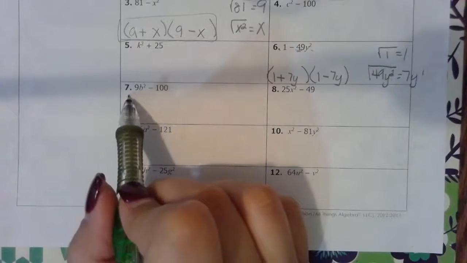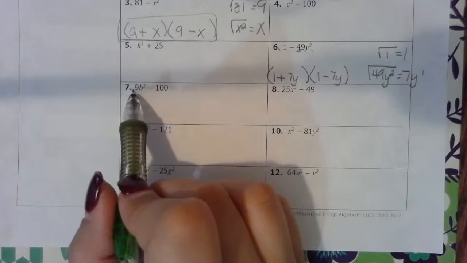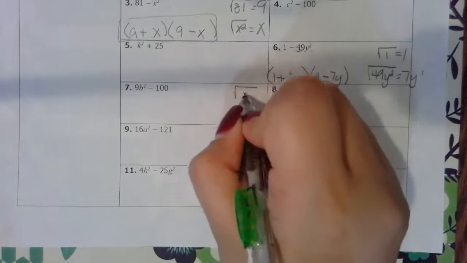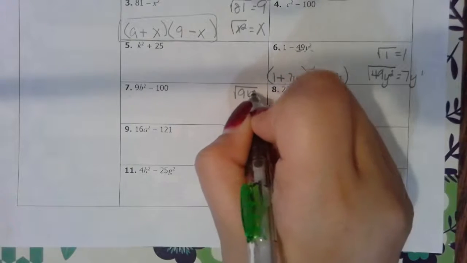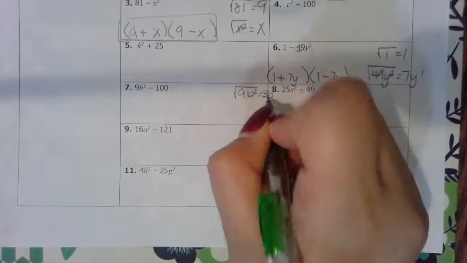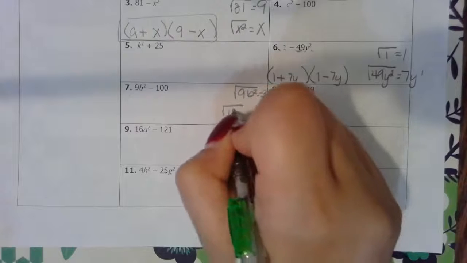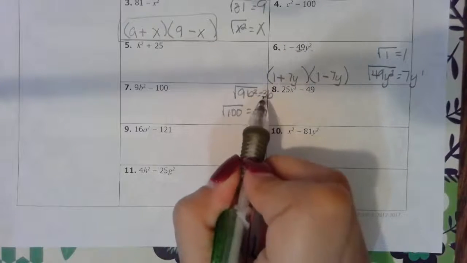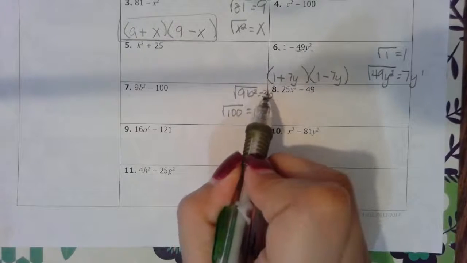Alright, number 7. Again, we have a number in front of our variable. So, let's find the square root of 9b squared, which is 3b, and the square root of 100, which is just 10. Remember, if you have a number and a variable, find the square root of 9, which is 3, square root of b squared, which is b.